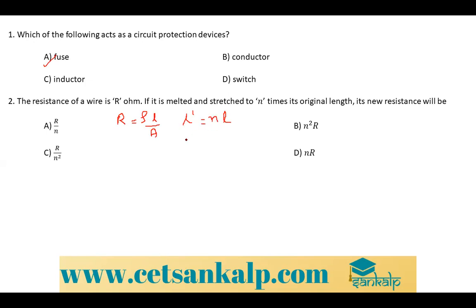That is the given. If you go on stretching the wire, the volume is going to remain constant. So I can write A dash L dash is equal to A into L. So A dash is equal to AL divided by L dash. But what is your L dash? So AL divided by n into L. So L and L get cancelled. So A dash is equal to A divided by n.